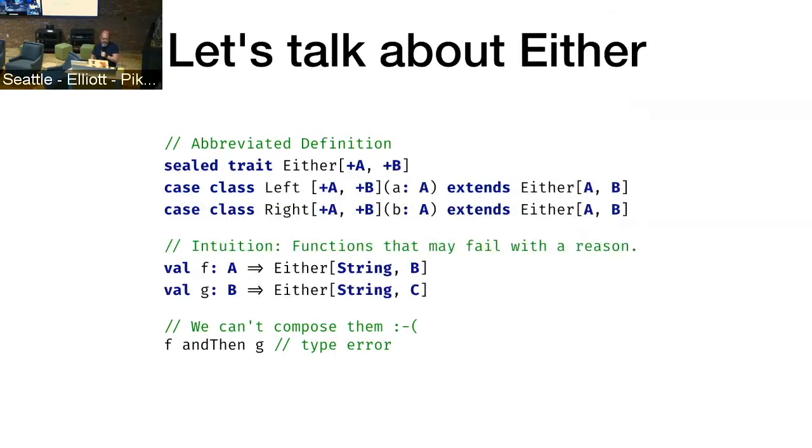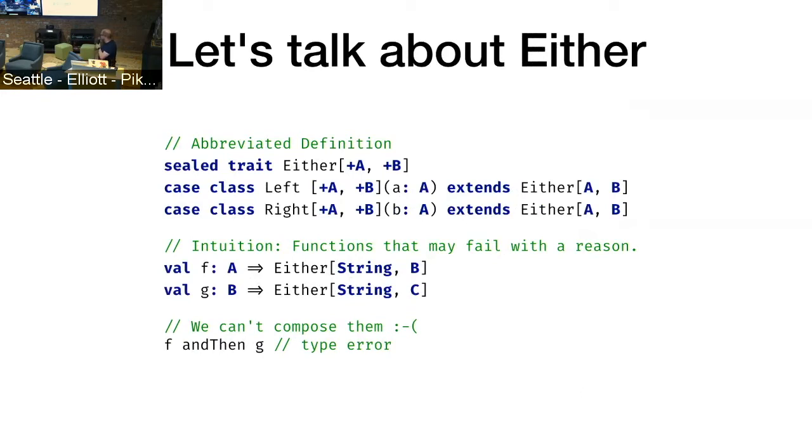Let's talk about Either. So Either is another algebraic data type, but instead of having None and Some, it has Left and Right, and by convention, Left is used to report a reason for the failure, and Right is used for the success value.